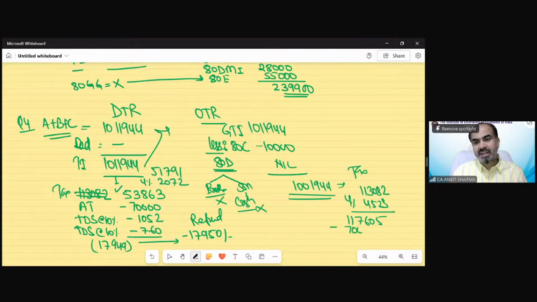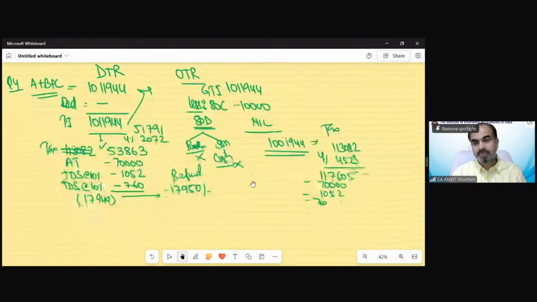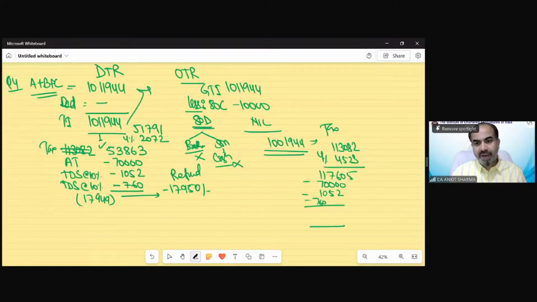Out of this, 70,000 advance tax, 1,052 TDS and 760 TDS need to be reduced. So the final position would be, after rounding off, the tax liability is 45,790. So he has to pay this much amount of tax to the income tax department.